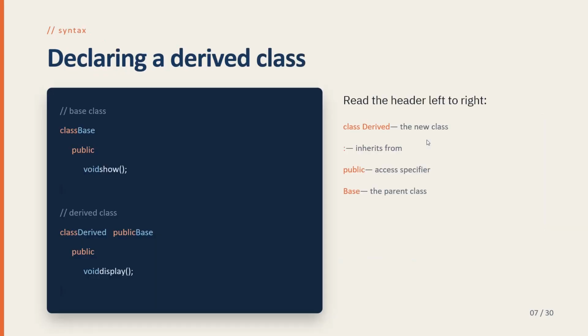So, starting with the syntax of single inheritance, we first define our base class. For example, class base. Inside this class, we can define data members and functions. Then we can define the derived class using the following form: class derived : public base. Here, the colon has to come here.